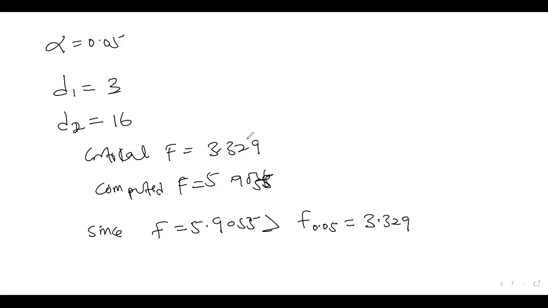It will definitely fall outside the acceptance bounds. If I draw a curve, 5.905 will be greater than 3.329, which is the bound of acceptance.